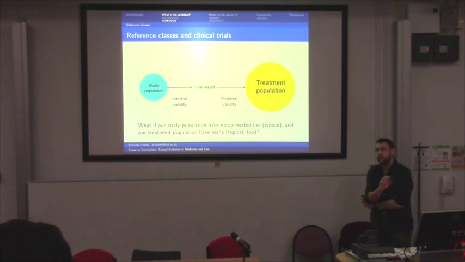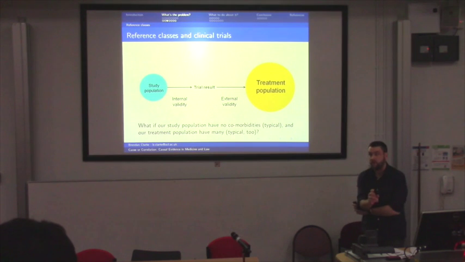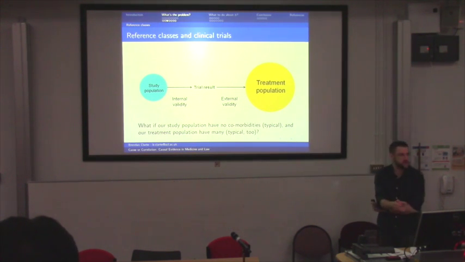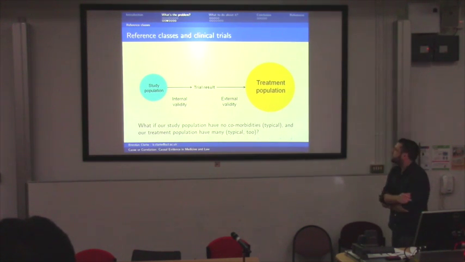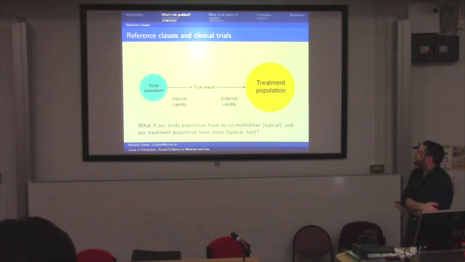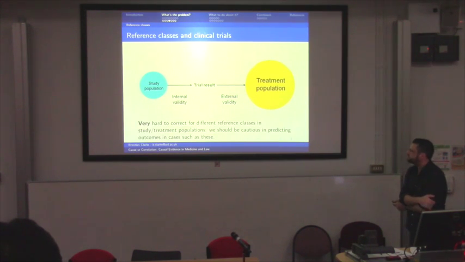These are tested in populations of people who look very, very unlike the treatment population. Typically young, typically, apart from the high blood pressure, very healthy. There's a worry then here about external validity that we're missing because both of these have high blood pressure. It's just that they seem to be different in this reference class way.